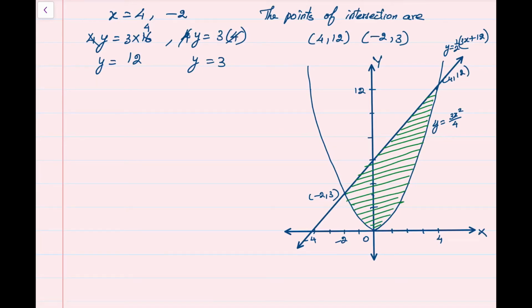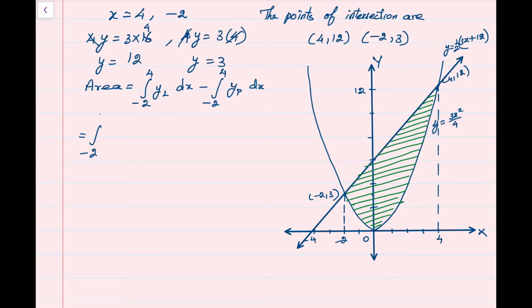We will draw the limit lines. The area is between 2 curves, so we will do upper curve minus lower curve. Let us do integration with respect to x. Therefore, area is integral minus 2 to 4 of upper curve, the line, minus integral minus 2 to 4 of lower curve, the parabola.